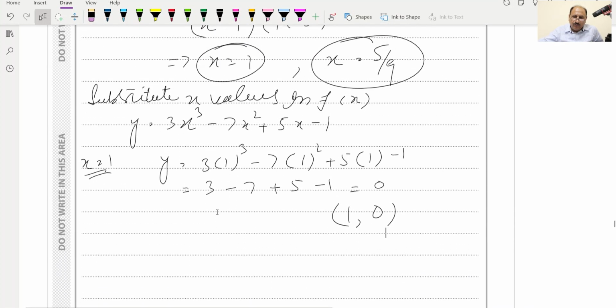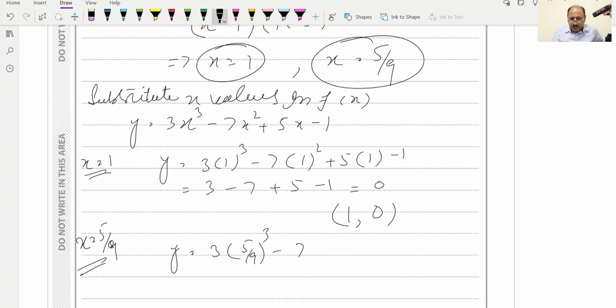Now when x is equal to 5 by 9, we can write y is equal to 3 into 5 by 9 cubed minus 7 into 5 by 9 squared plus 5 into 5 by 9 minus 1.